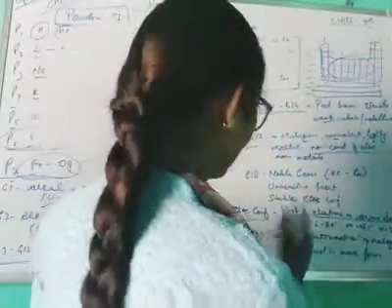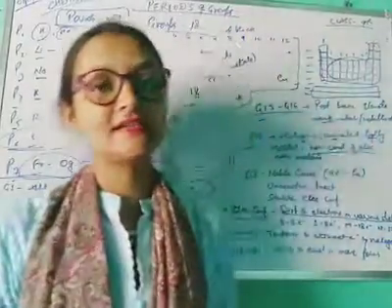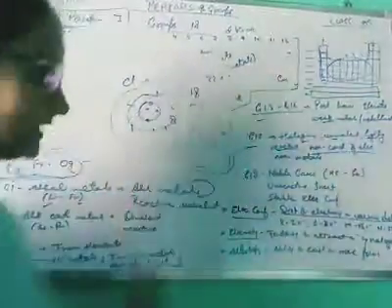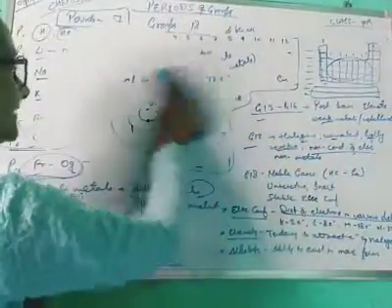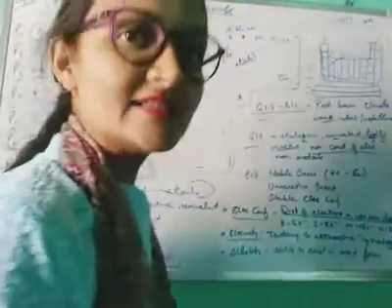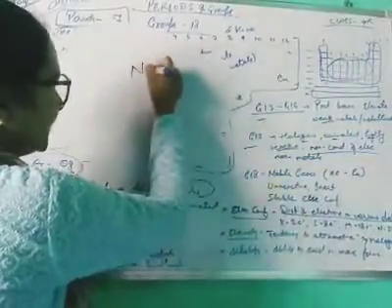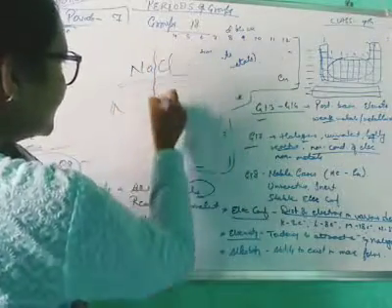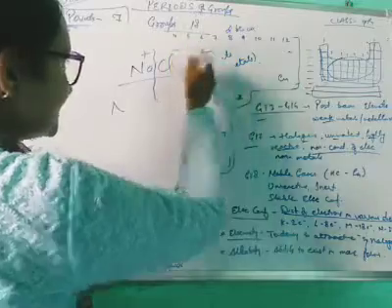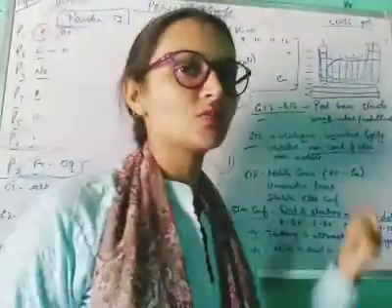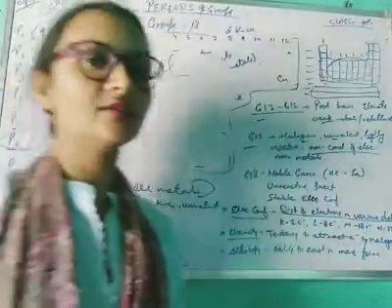Now there is electronegativity. Electronegativity is the tendency to attract electrons towards itself. Chlorine has a higher tendency to attract electrons. That's why, in NaCl, the table salt you take, if you break it down it will break into Na positive and Cl negative. Why? Because sodium has given its 1 electron to chlorine.